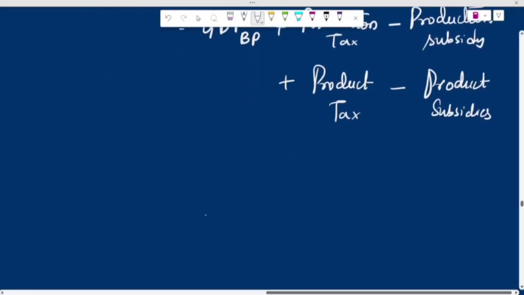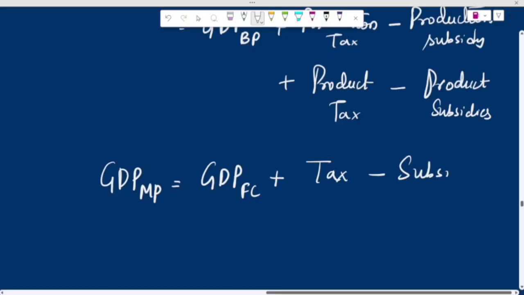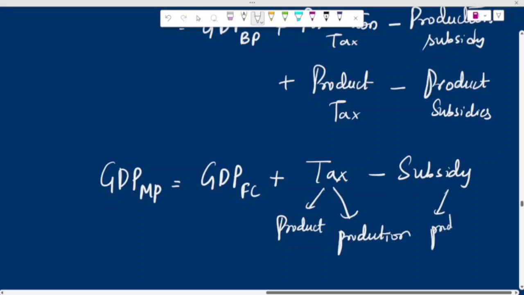GDP at market price will be equal to GDP at factor cost plus tax minus subsidy. What type of taxes will be included? Product and production taxes, and also product and production subsidies.